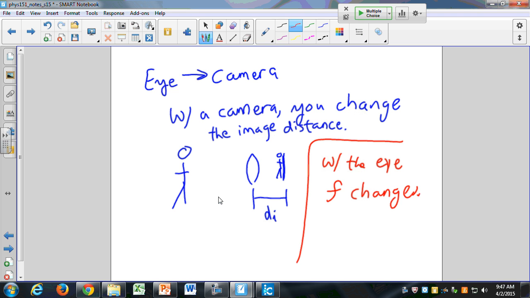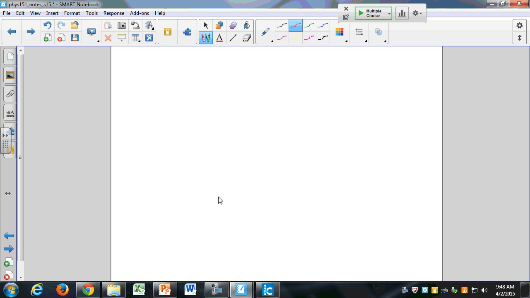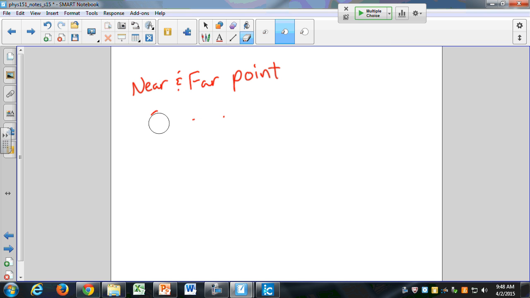All right. Near and far point are the nearest and furthest points that you can make an image of the object. The near point is the nearest point, the far point is the farthest point.